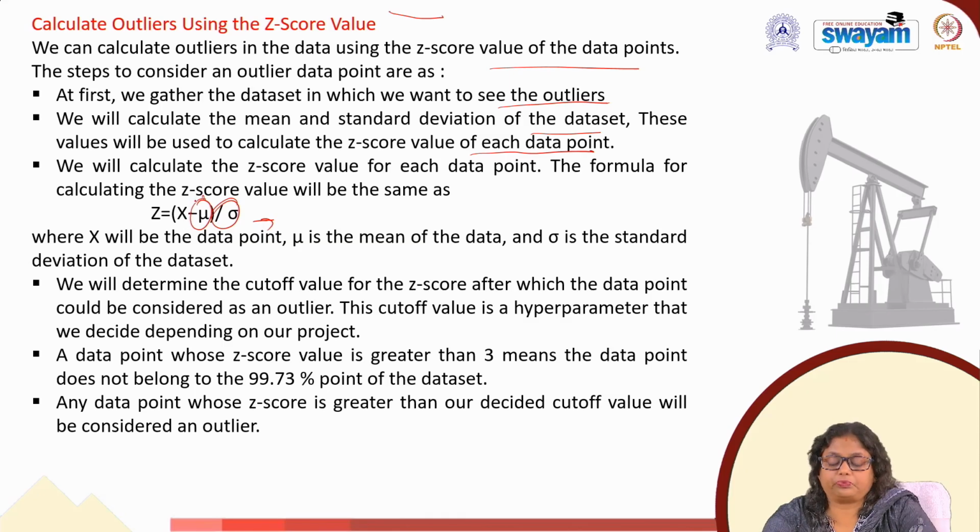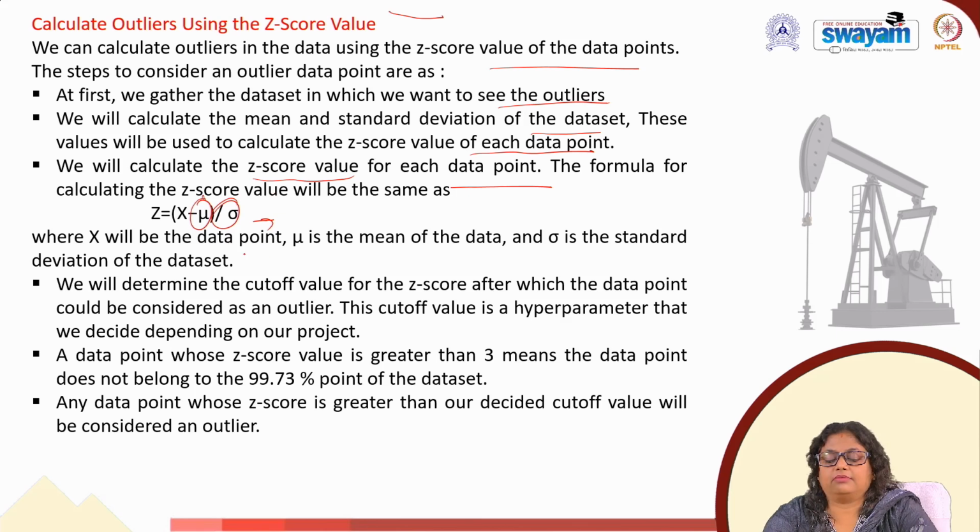In the previous example, we only wanted to compare one result. But when we go ahead with the data set, we want to calculate the Z score value for each data point. With respect to the value obtained for the Z score, that point will be considered inside the range, or it would be considered an outlier. We calculate the Z score value for each data point, and the formula is the same which we used previously: Z is equal to x minus mu by sigma.